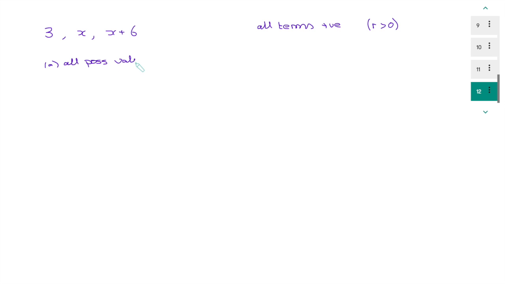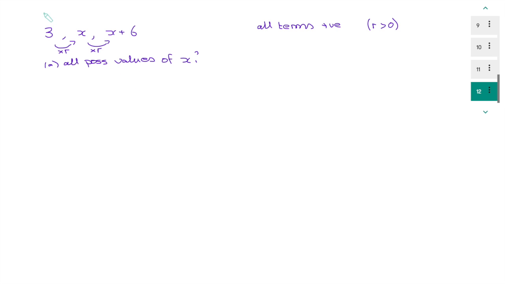So let's think about how we're going to do this. A way to approach this is to say, this doesn't look like a geometric sequence. So what is a geometric sequence? If it were a geometric sequence, then we'd be multiplying by r each time, and we'd multiply by r again.